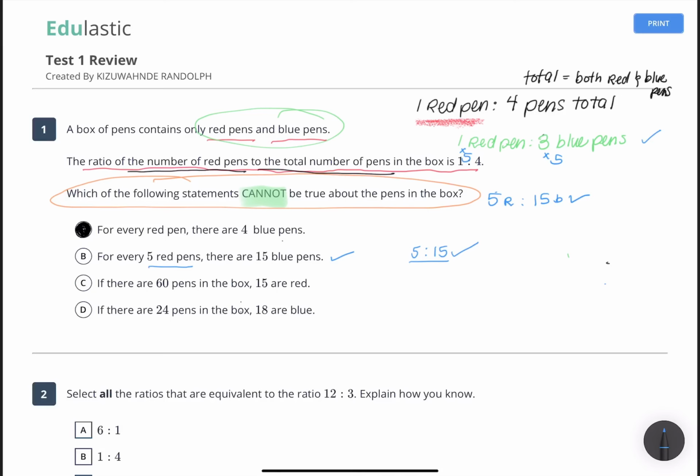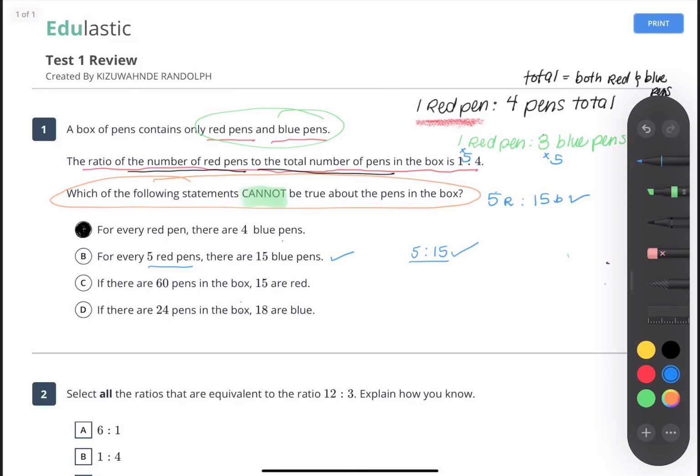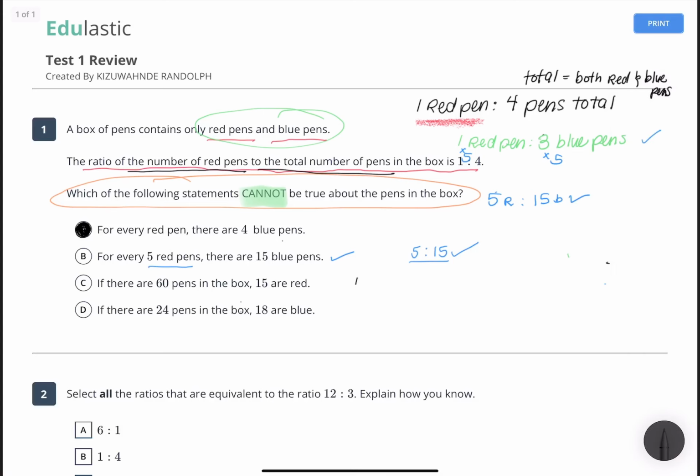So I could say, and I'm going to write in black, 15 red pens to 60 pens total. I apologize. So I can reduce this down to make the ratio equivalent to the ratio that's in the question.